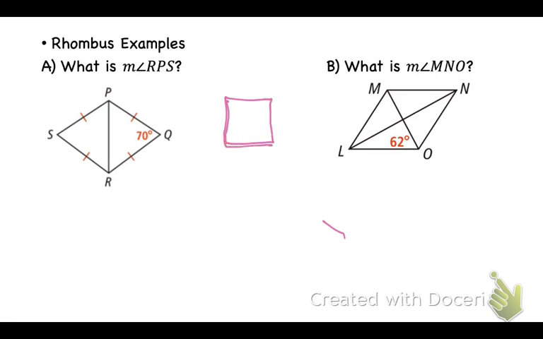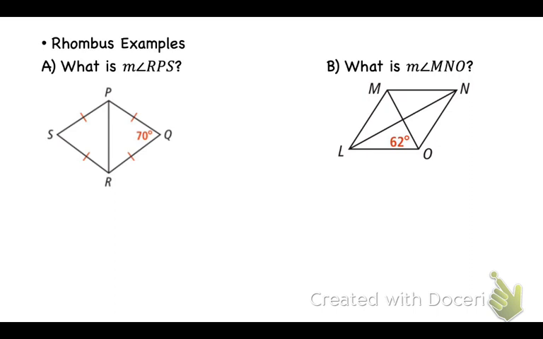Don't draw a square, because then you're going to apply all the square things. Unless it says the rhombus is a square, do not draw it like a square, because then you start making all the angles 90 degrees and all that.